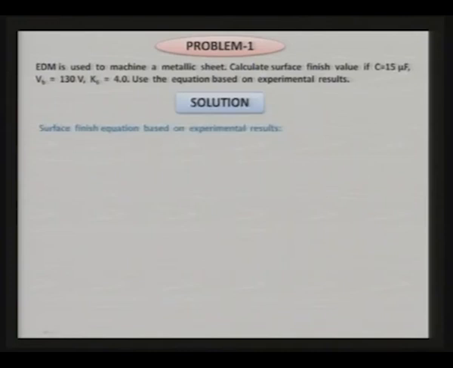The surface finish equation based on experimental results is as follows: HCLA is equal to K_6 V_V raised to power 0.5 and C raised to power 0.33. We are already given the value of C and V_V, and K_6 is also given.